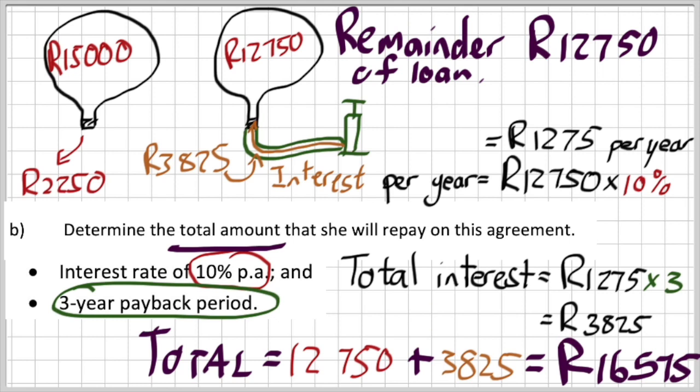Let's just stop for a moment and remember, we also paid 2,250 Rand initially. So that means there's about 6,000 Rand that you are paying for this on top of that 12,750. So in total, you are going to pay about 18,800 Rand. Okay, let that sink in a little bit.